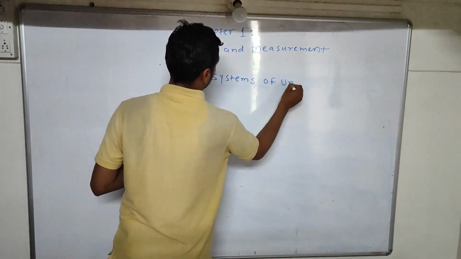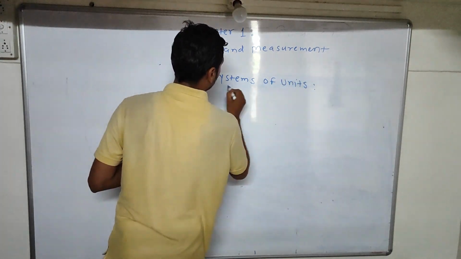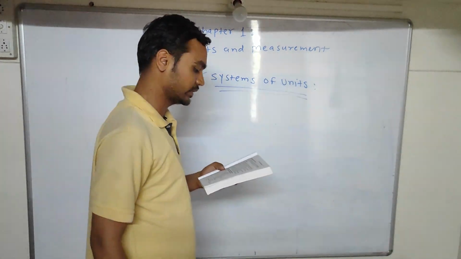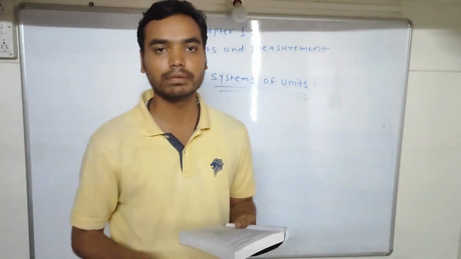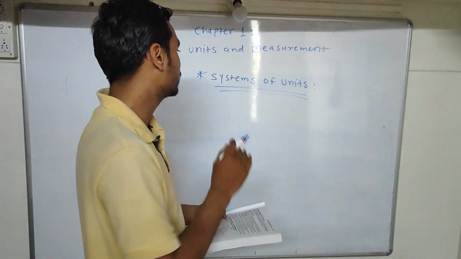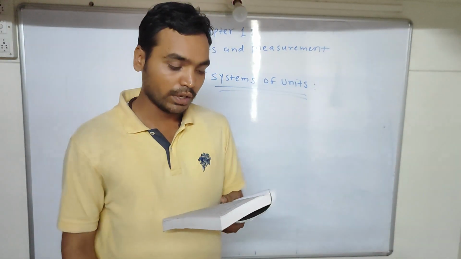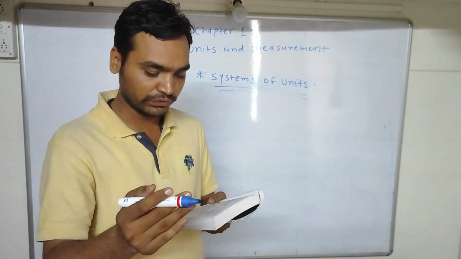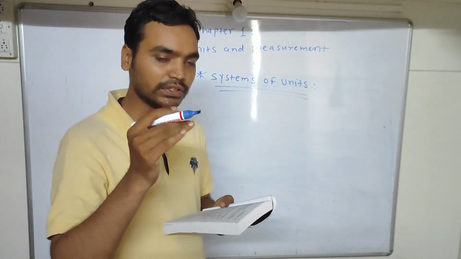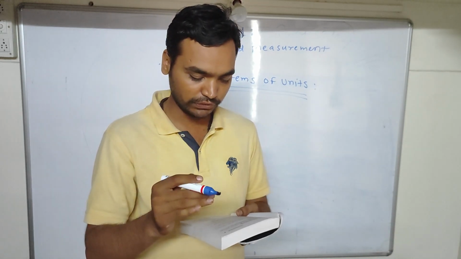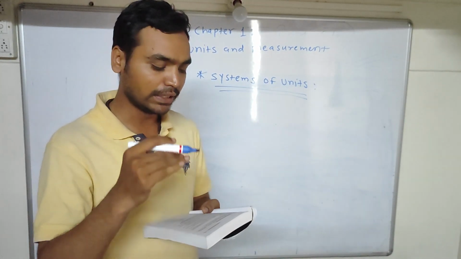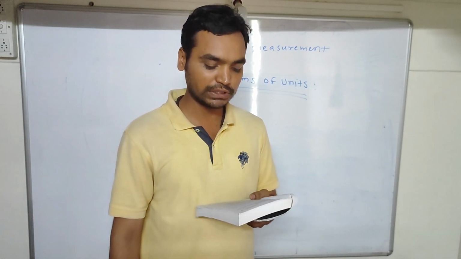New point, systems of units. What is meant by the system of units? A system of units is the complete set of units, both fundamental and derived, for all kinds of physical quantity.